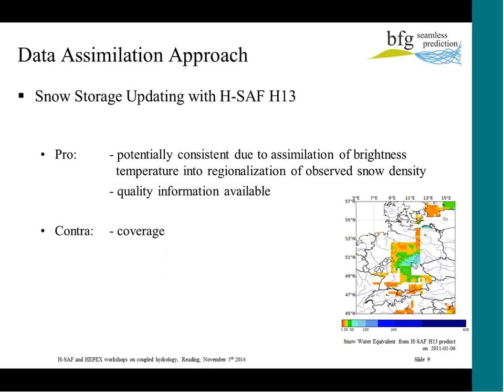We could use the H13 product of H-SAF, which is snow water equivalent on a 25-kilometer grid. And the benefit of this is that it is potentially consistent due to assimilating brightness temperature into regionalization of observed snow density, and also quality information for this data would be available.